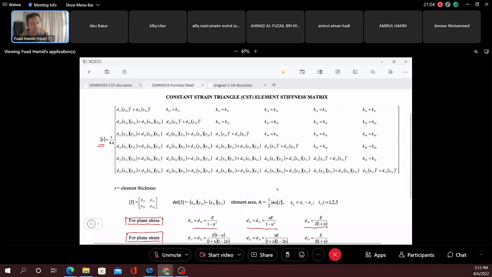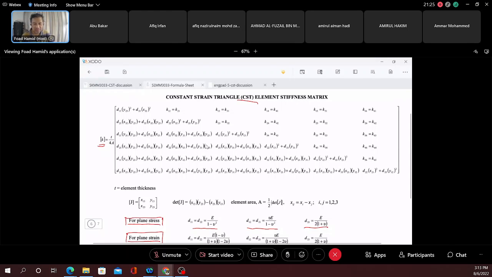If you use the wrong D, the wrong idealization, then your stiffness matrix will be wrong. So this is the issue. Before you start, make sure you understand the difference between plane stress and plane strain.